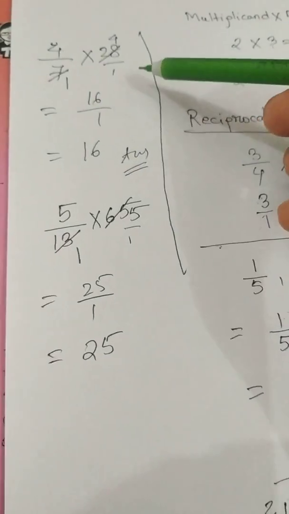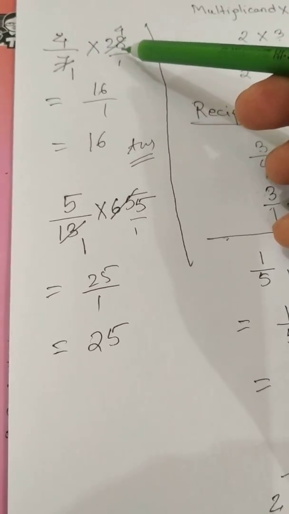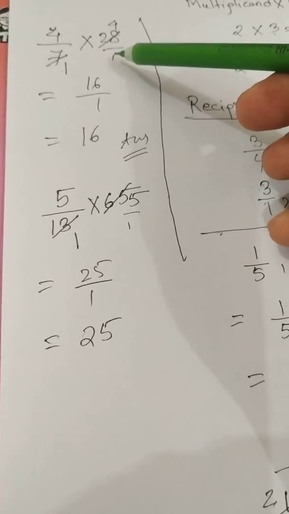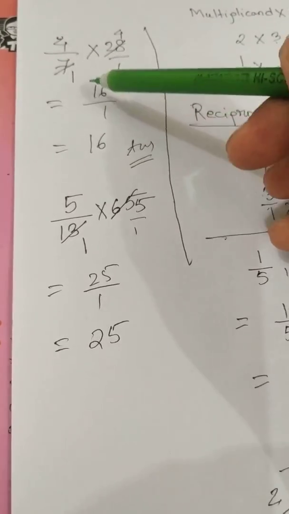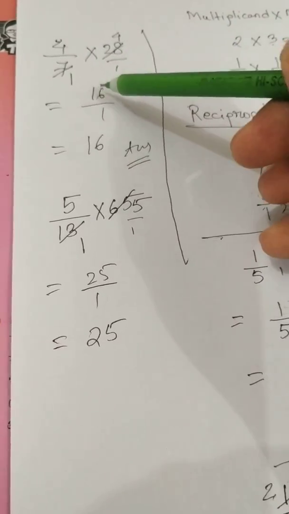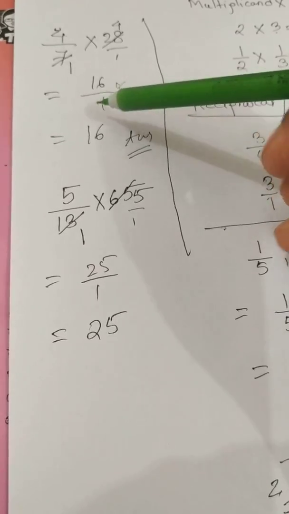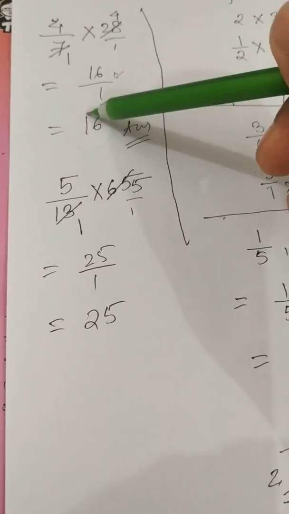So when will you use 1? When trying to multiply fractions, if there is a number and there is no denominator, then only we use the 1. Okay, after multiplying the fraction, if I have a number and there is a 1 as denominator, we don't put the 1, we just write 16.